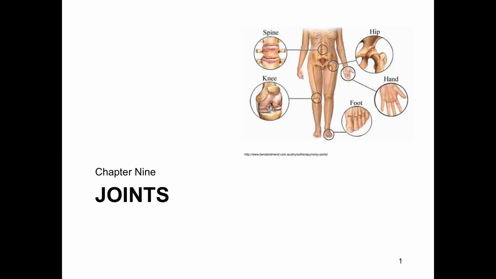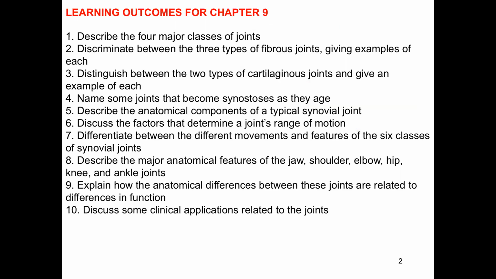So, all right, here are the learning outcomes for chapter 9. They're pretty straightforward, very standard. But as always with the learning outcomes in this course, there are some vague parts.